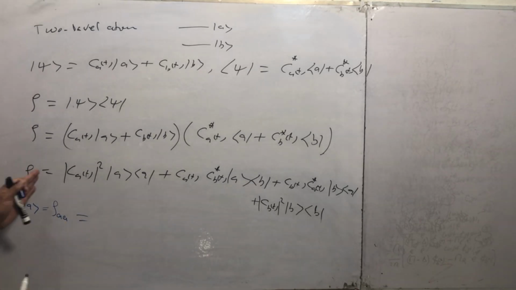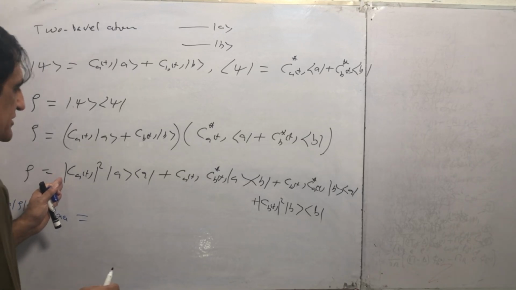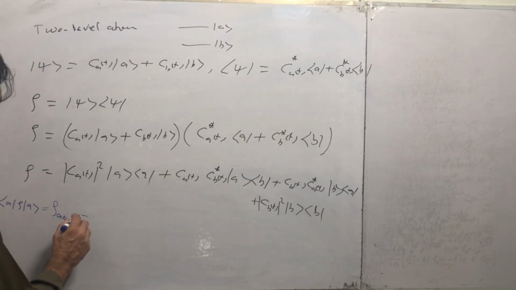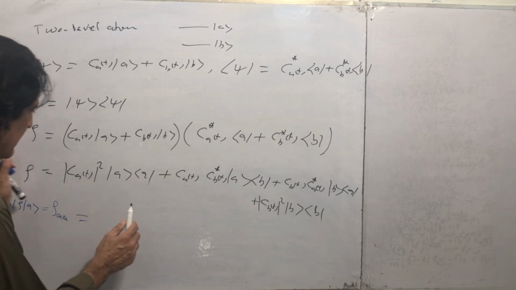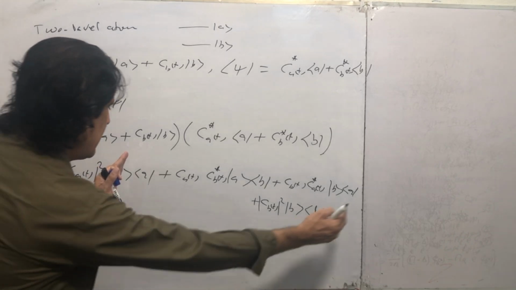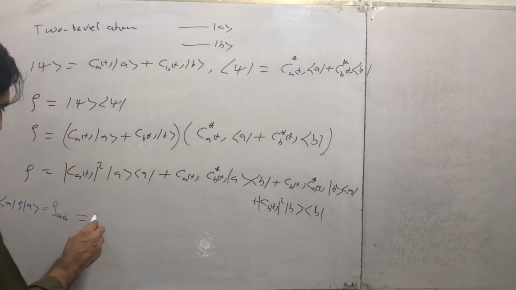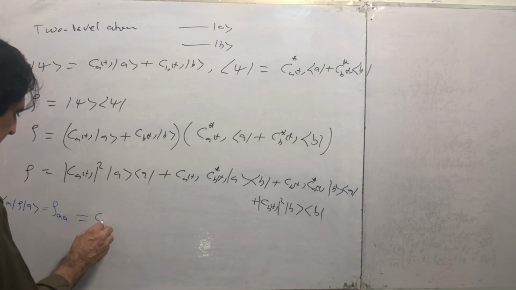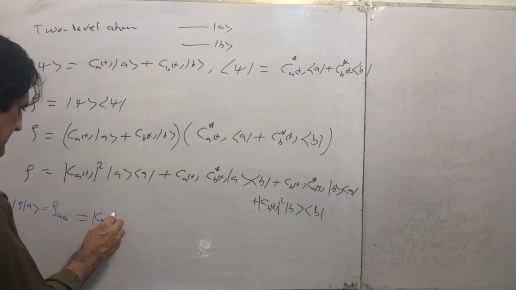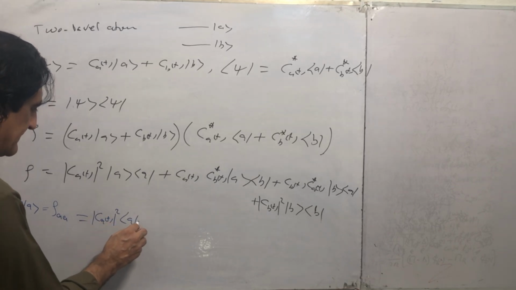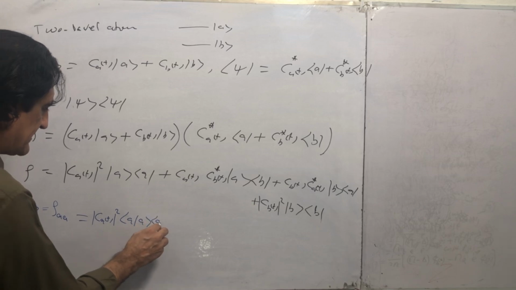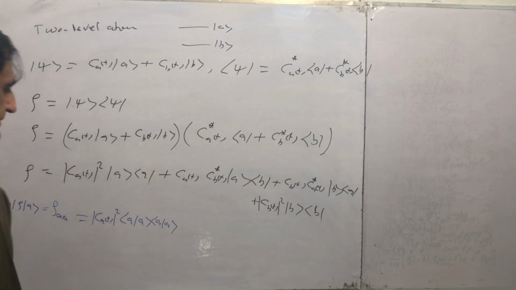And then a similar situation can occur here. If I multiply this with <A| from this side and |A> from this side, then it must have Ca of t absolute square, <A|A> and <A|A>.